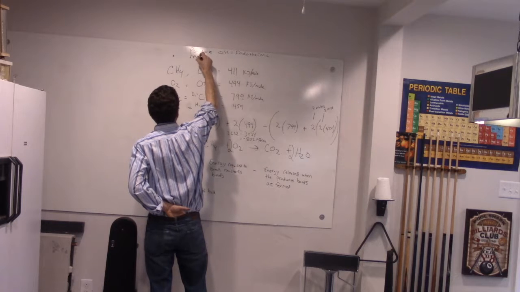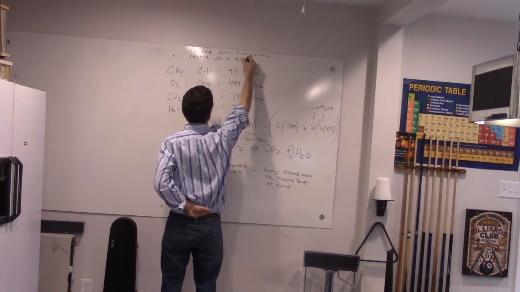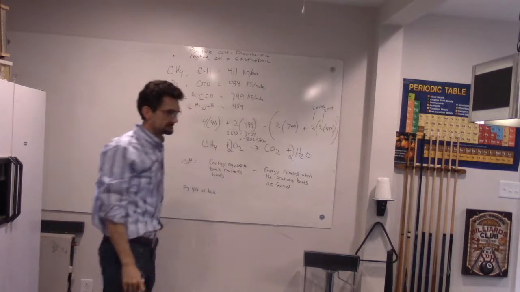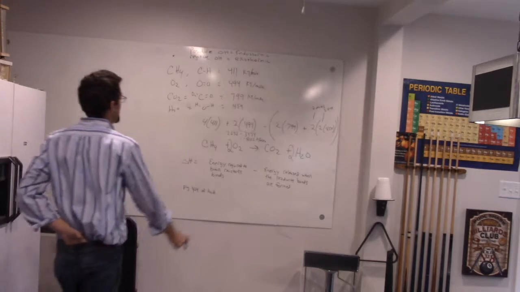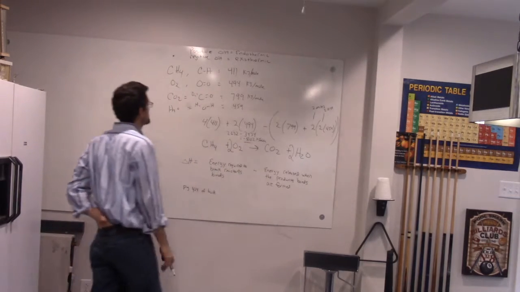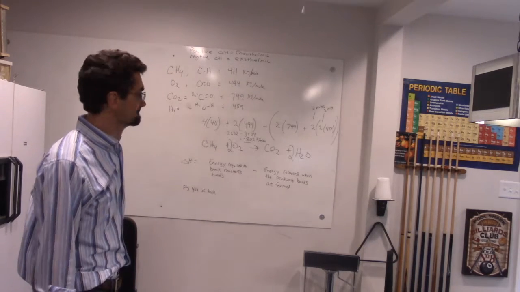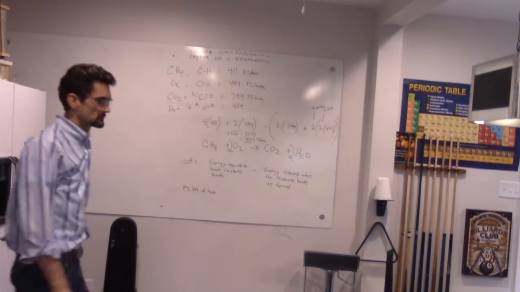Negative delta H equals exothermic. So this is negative. It's an exothermic reaction. So what's the complete answer to that equation? The complete answer is negative 802 kilojoules per mole.